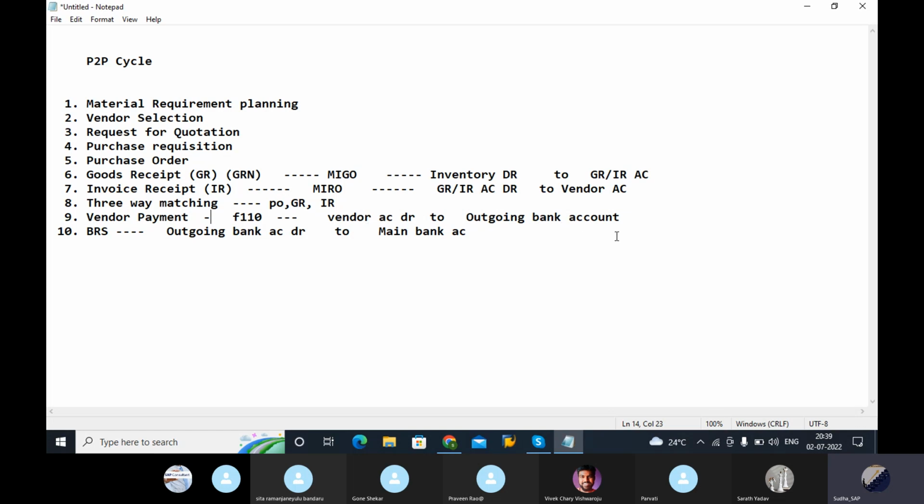Once the organization receives the bank statement online, or the bank statement is loaded into SAP, automatic bank reconciliation happens, which results in the accounting entry: outgoing bank account debit to main bank account. This is the overall process of the P2P cycle.